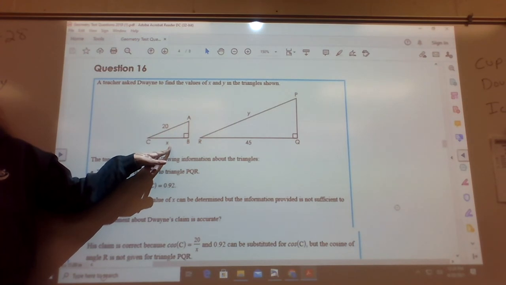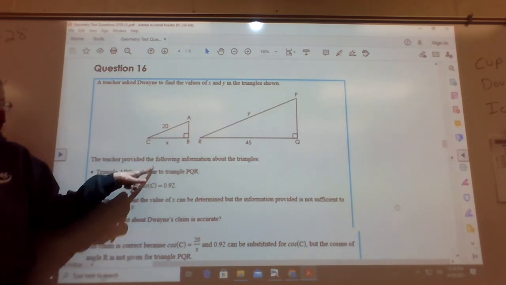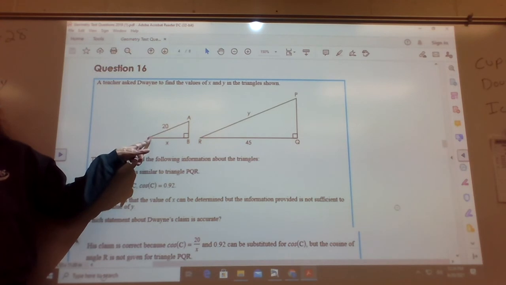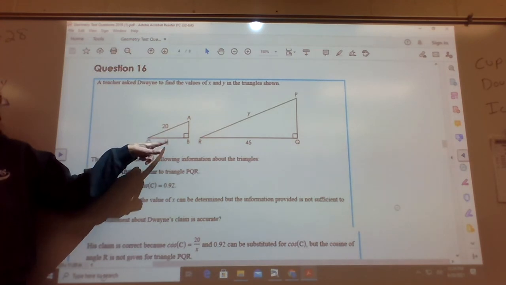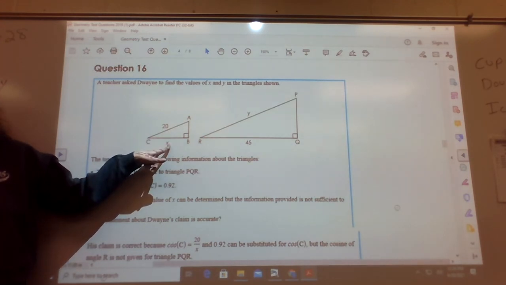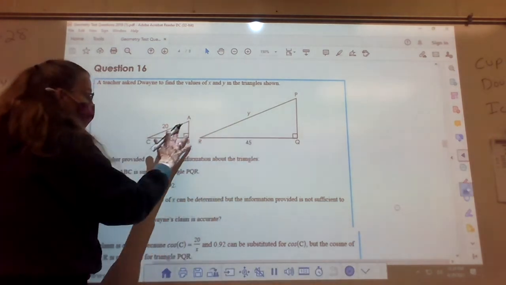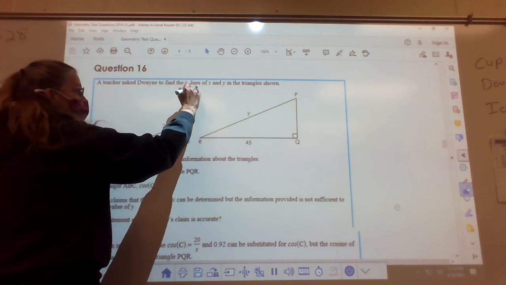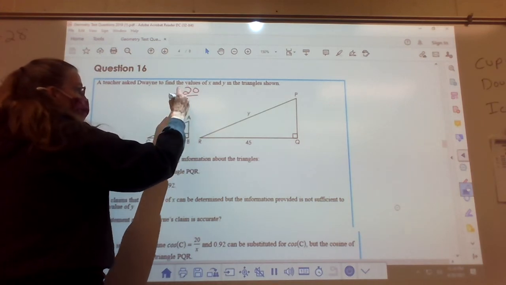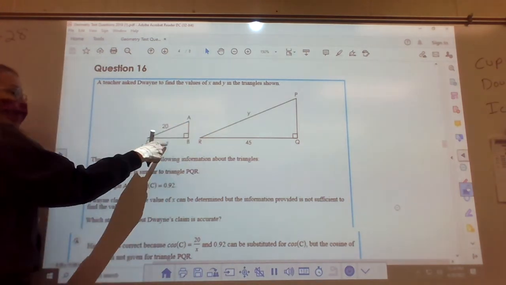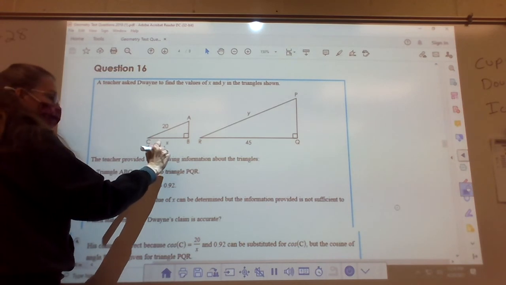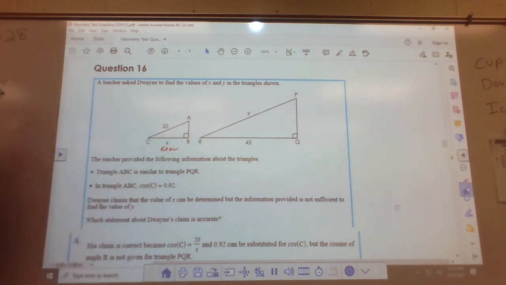If they tell us the cosine of C, would I be able to figure out how big this segment is, the bottom of this triangle? Could I solve it? I could solve it. I could figure out how big x is. So right now, because these are similar, we have 20 over, well, I don't want to do that. That'll confuse you. But this one I know. Or at least I can find it.